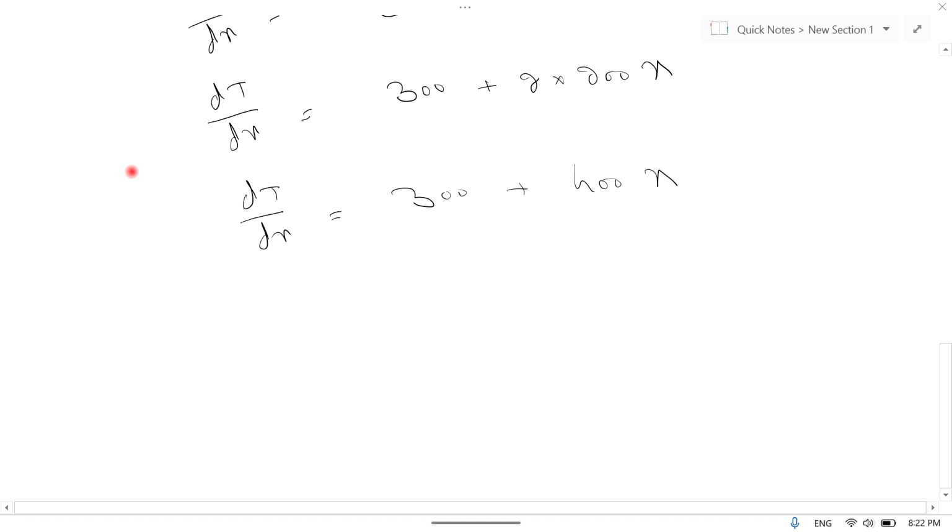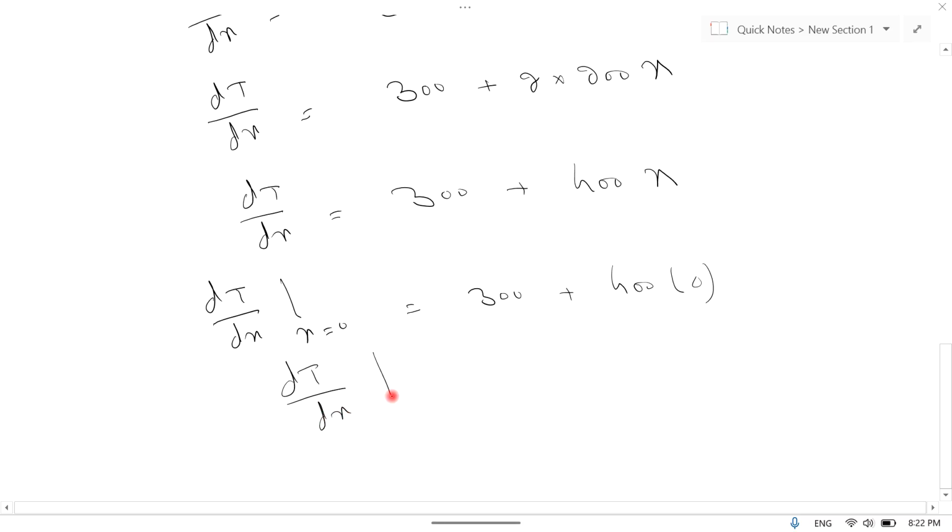Now we find dT by dx at x is equal to 0 and at x is equal to 0.8. So dT by dx at x is equal to 0 is 300 plus 400 into 0, which is 300 degree centigrade per meter.